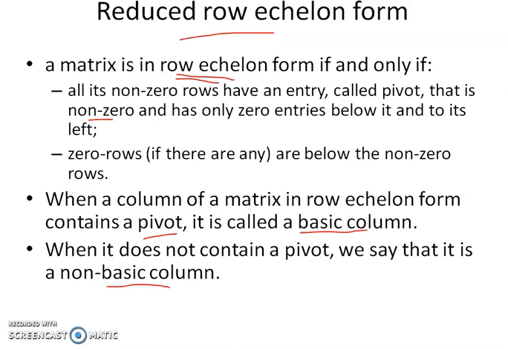The non-basic column will not have any pivot, and the basic column will have a pivot. So the condition for reduced row echelon form is that the pivot column should have a non-zero pivot, and the other values will be 0 in the pivot column.